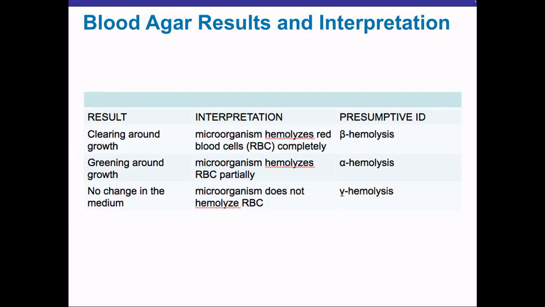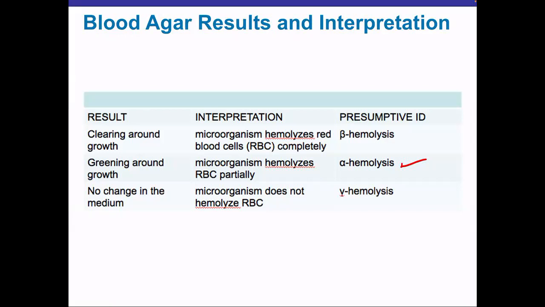We're going to start with alpha right here. Alpha hemolytic species are microorganisms that, when you grow them in the presence of this medium that contains red blood cells, cause oxidation of iron in hemoglobin molecules that are within the red blood cells.